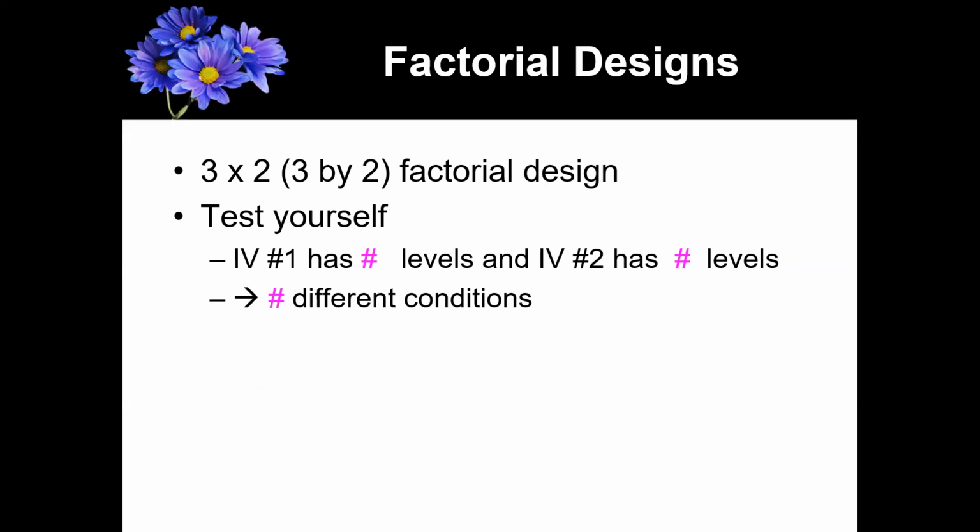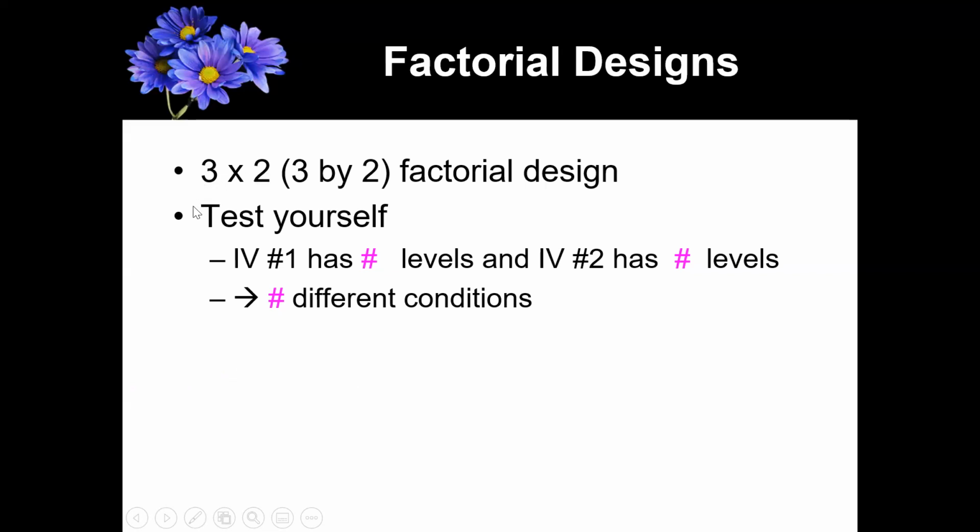Right? How about the number of conditions though? Or sorry, let's start with the number of levels. If we have two independent variables, how many levels do those variables have? Well, this first one has 3, the other one has 2.